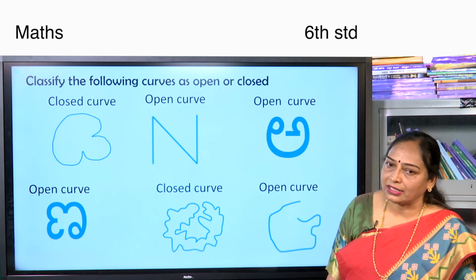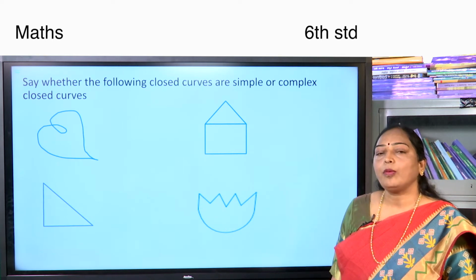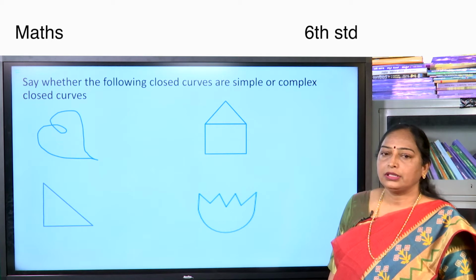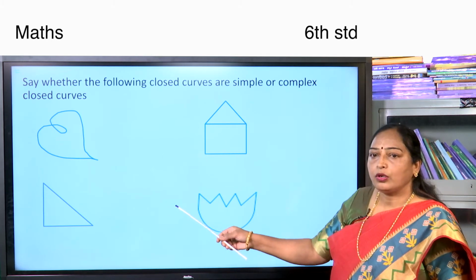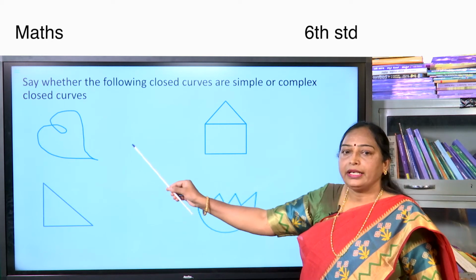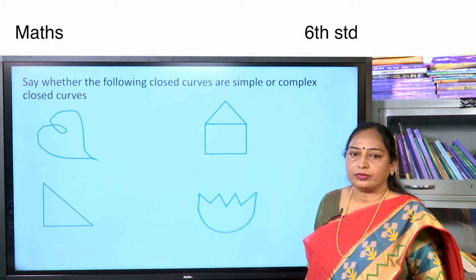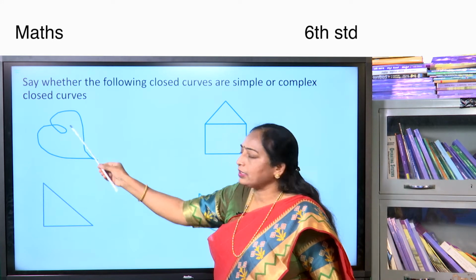Did you understand, children? Say whether the following closed curves are simple or complex closed curves. Children, these four figures are all closed curves. In the first figure, it crosses itself. Look here, it crosses itself.